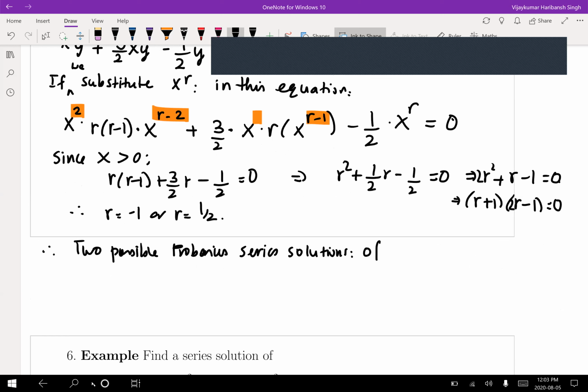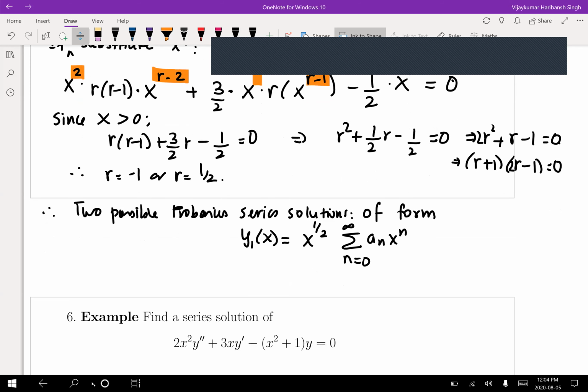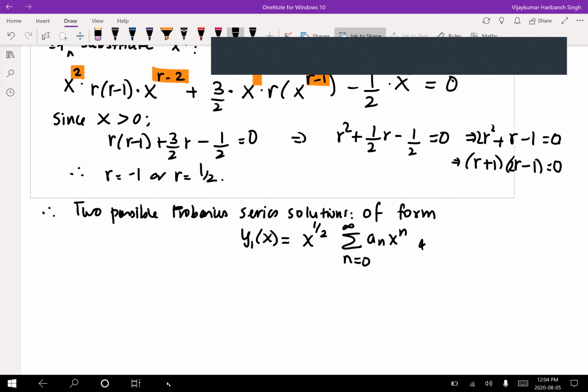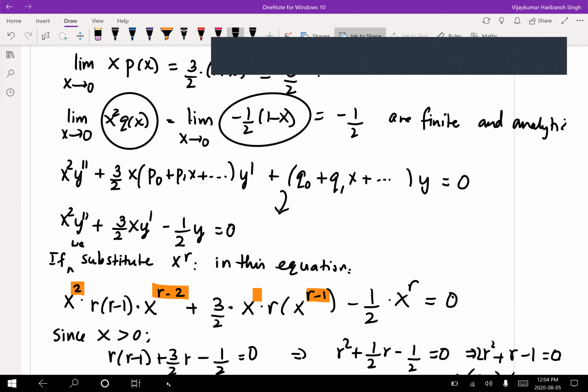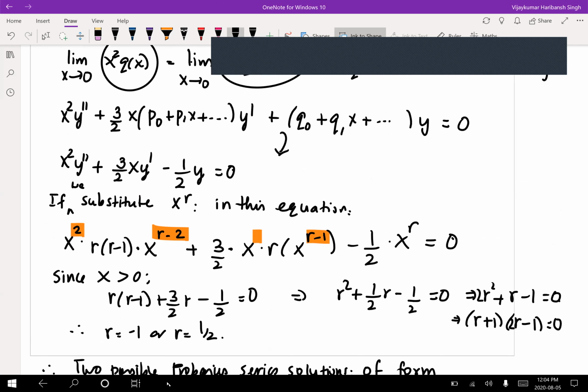Namely of form y1(x) equals to x to the half summation n equals to 0 to infinity a_n x to the power n, and y2 equals to x to the power minus 1 summation n equals to 0 to infinity b_n x to the n. Now note that this equation has a special name.